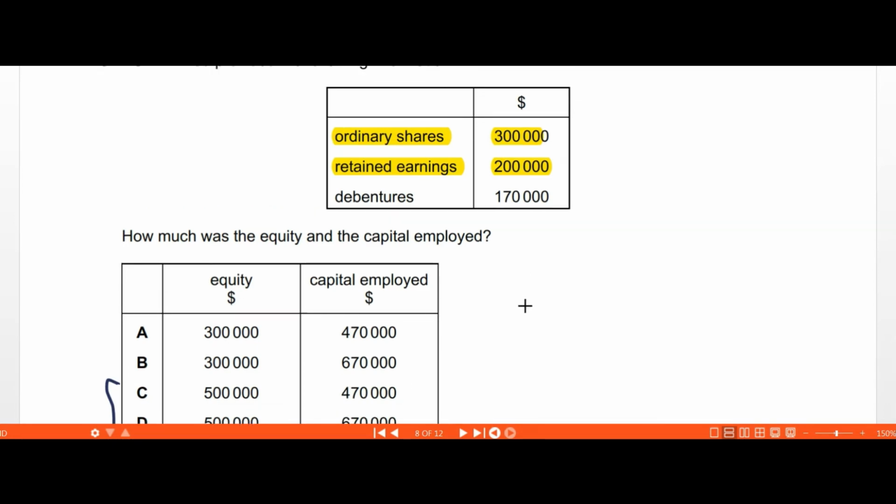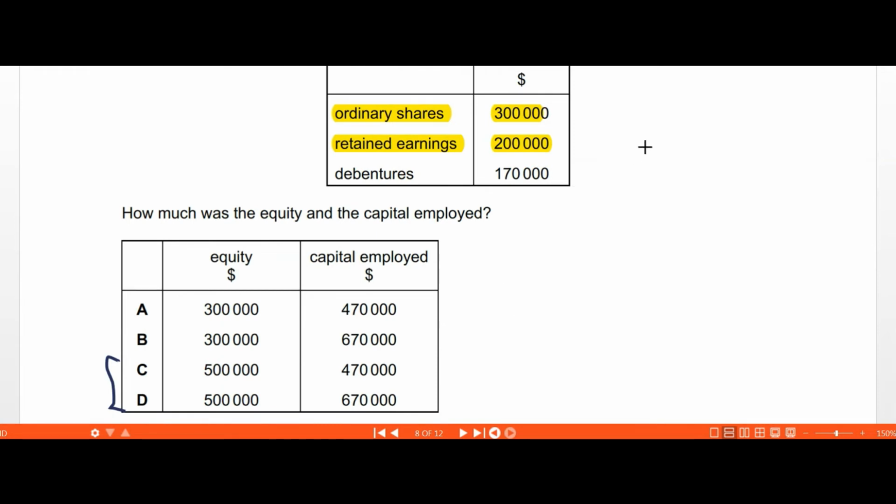And capital employed is all the money, equity plus long term liabilities. So for capital employed we will be including all these three, so that gives us 670,000.